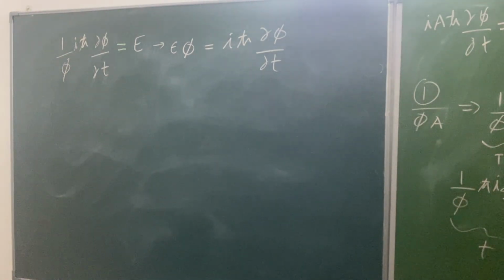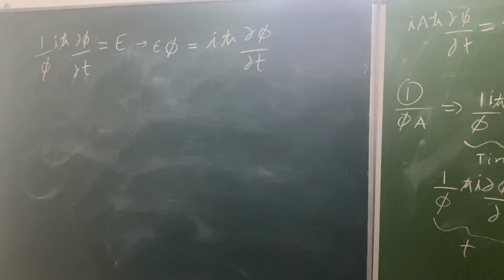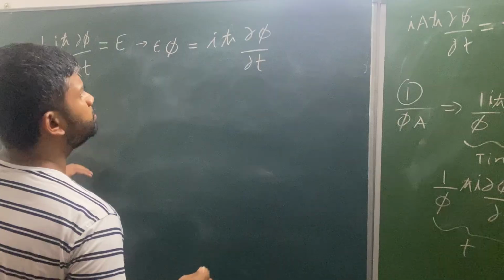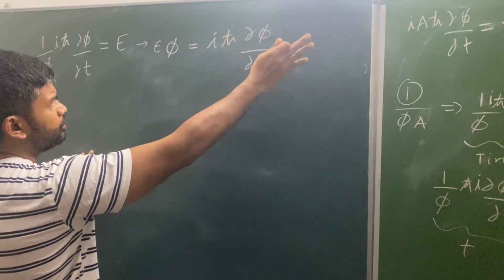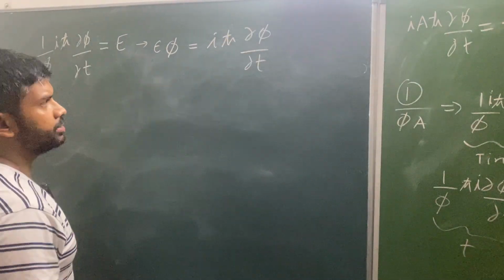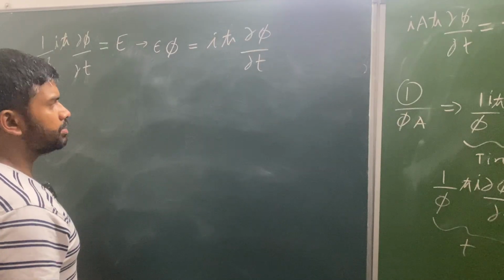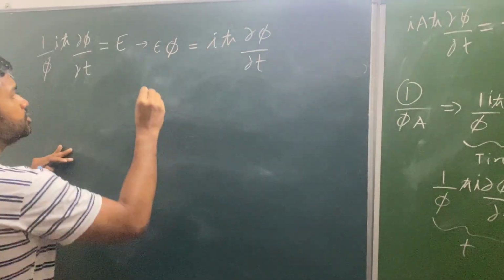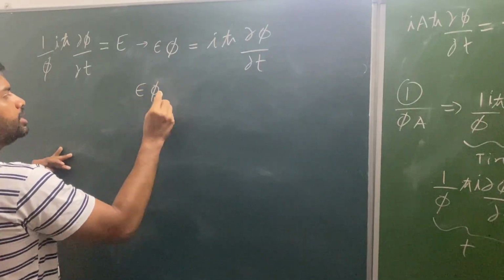For simplicity, we already know that phi is a function that depends only on time, and even this one is also a function that depends only on time. So I don't really want to keep the partial derivative terms anymore.